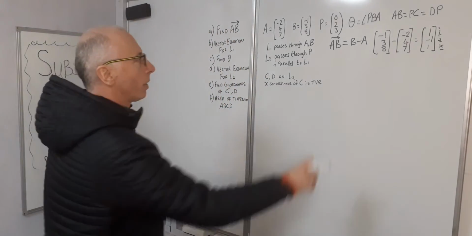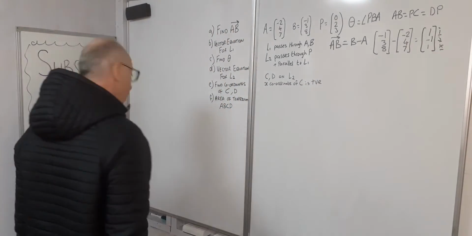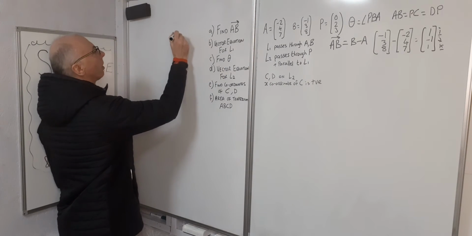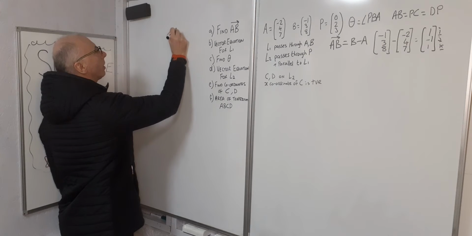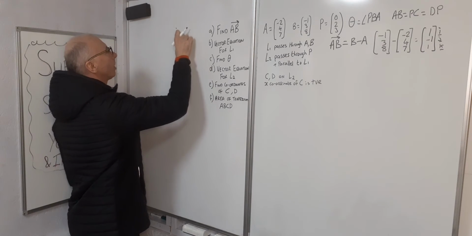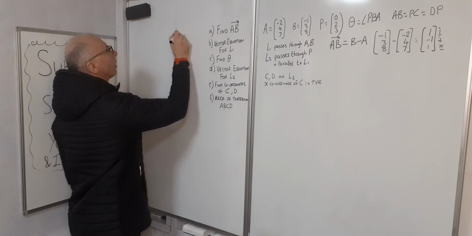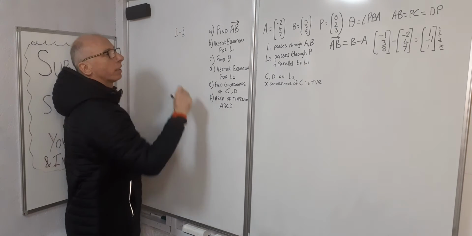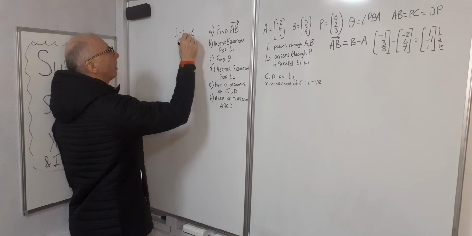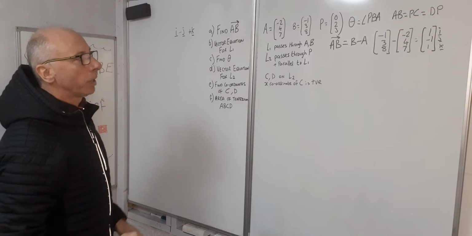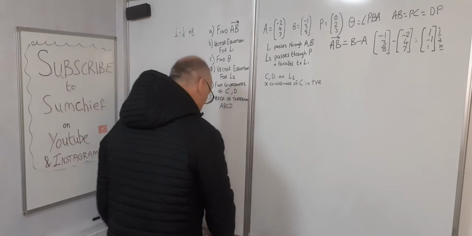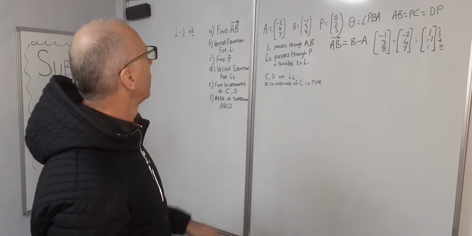So AB, which is a direction, we've now got as the answer to this one: I minus J plus K. And then we can keep this vector here, 1, -1, 1. We're going to need that. We'll just leave it there for now.